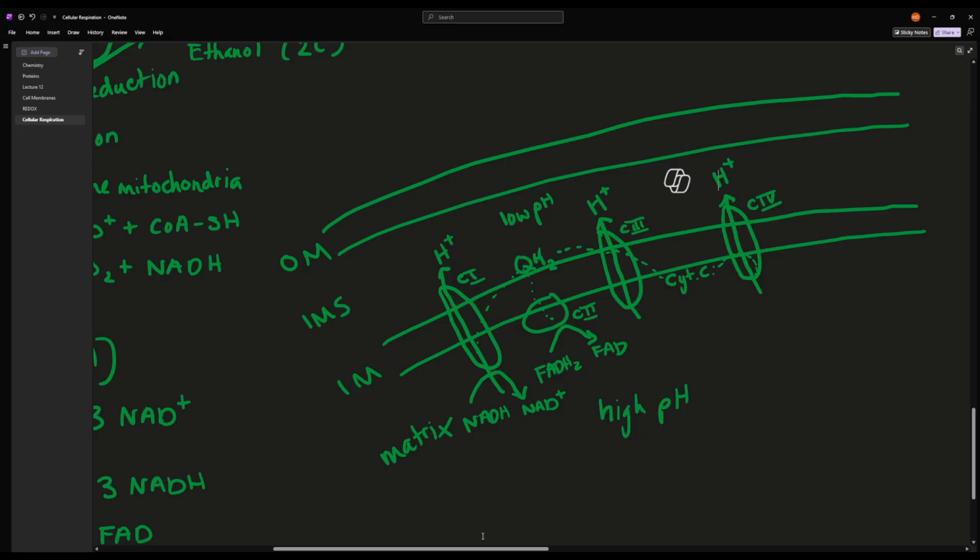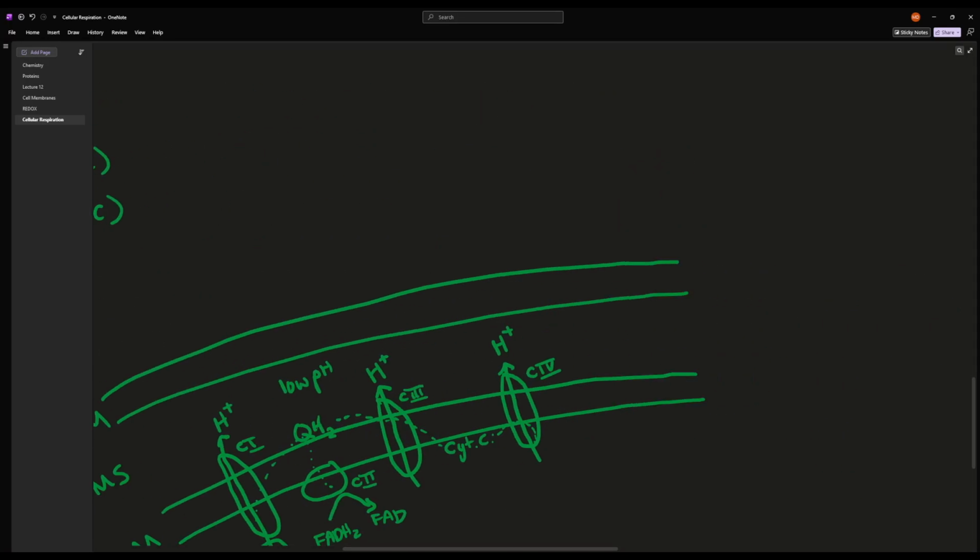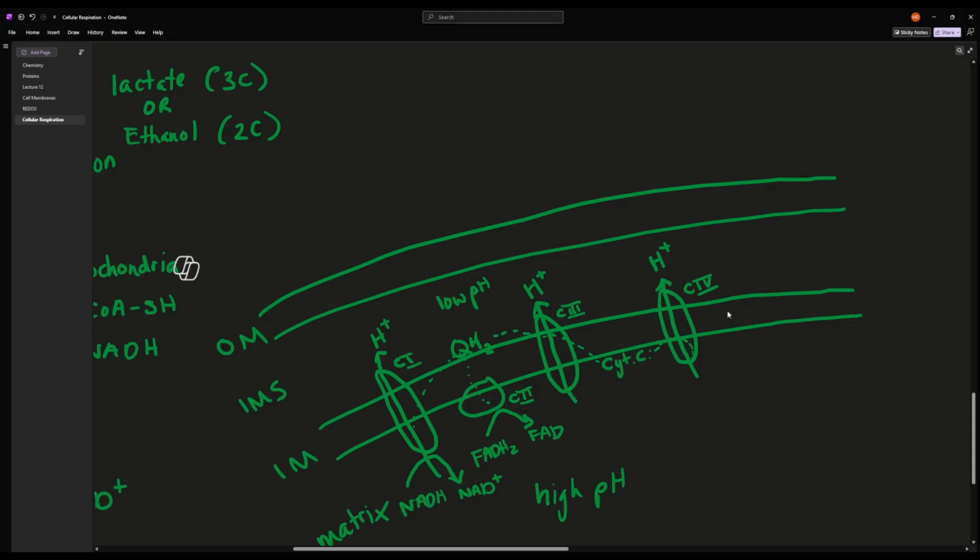This here is a branch point. It can either go reduction or oxidation. It can't do both. And so what the electron transport chain is going to do, the ETC, is dump these electrons onto a terminal electron acceptor. So the terminal electron acceptor in an oxidized state goes to a reduced state.